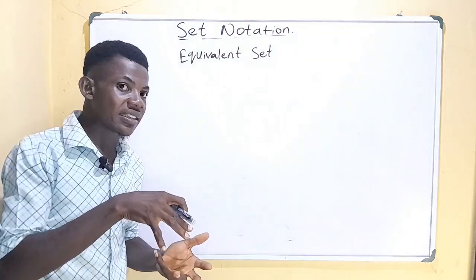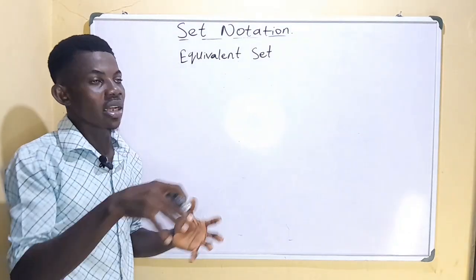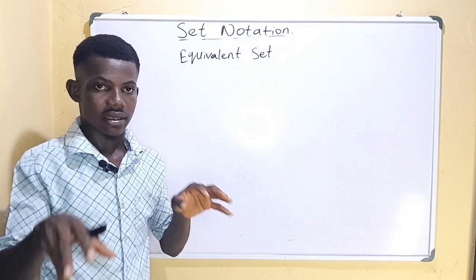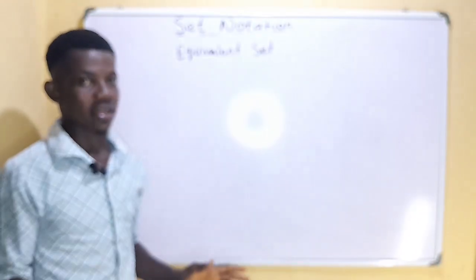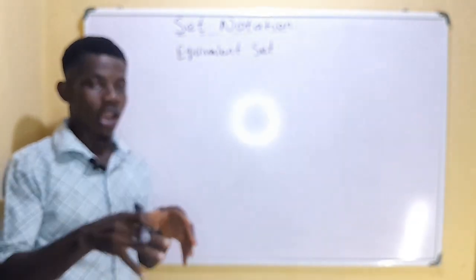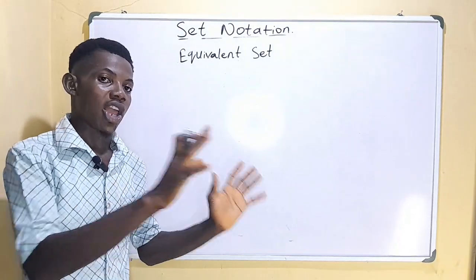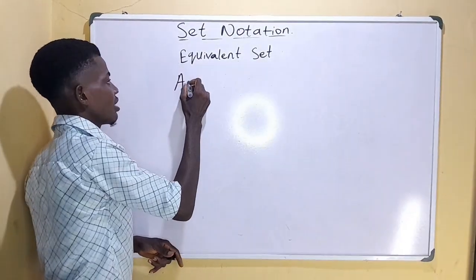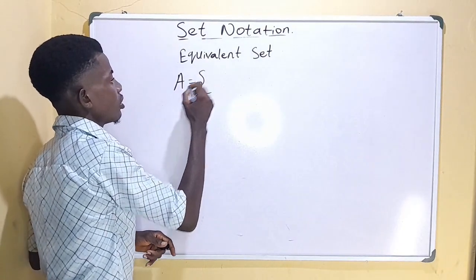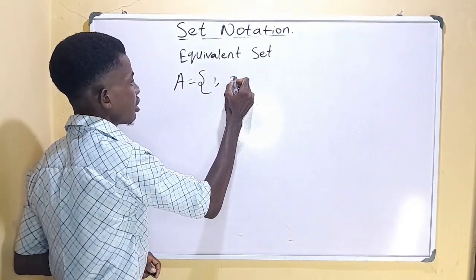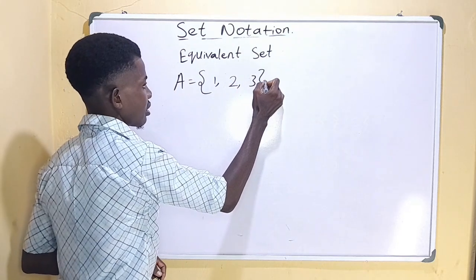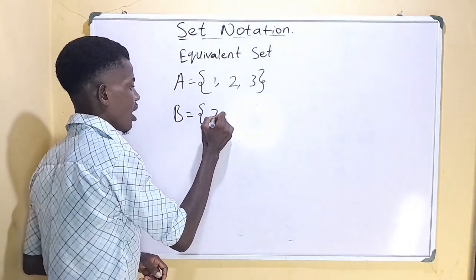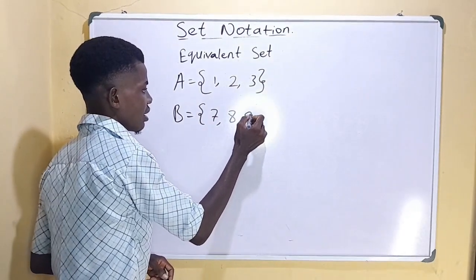Equal sets are equivalent, but not all equivalent sets are equal sets. Let's see. Let's say set A is {1, 2, 3}. Set B is {7, 8, 9}.